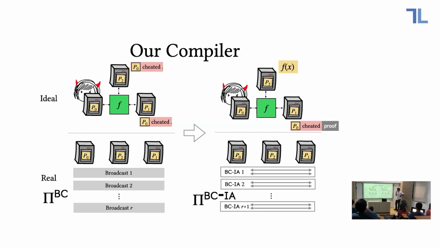It sounds like a cleaner way to state your result: instead of using so many broadcasts, you can just use one. That wasn't what we were targeting, so I need to think about it to make sure there's no subtlety I'm missing, because there are all sorts of permutations of what could go wrong. Intuitively, I think we even have a line in the paper that remarks something like this, but to make it a formal claim, I would want to think about it a bit more. But intuitively, that should be true.